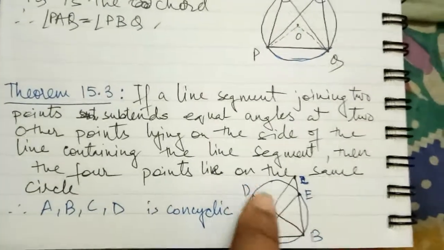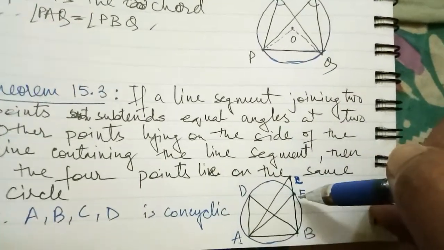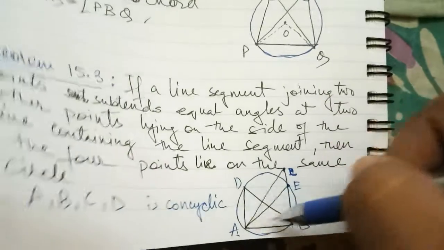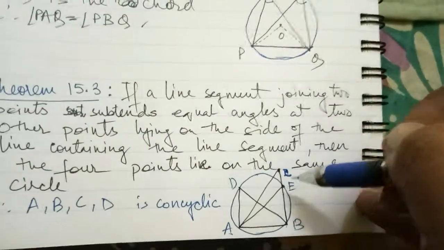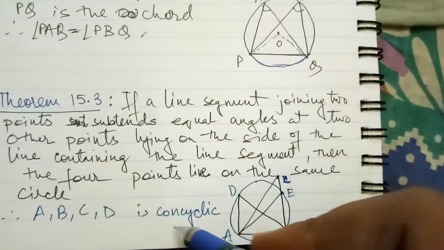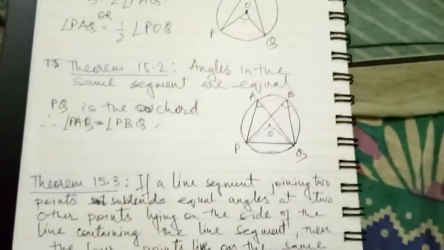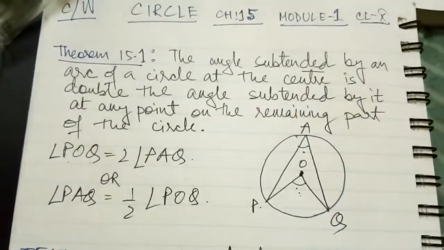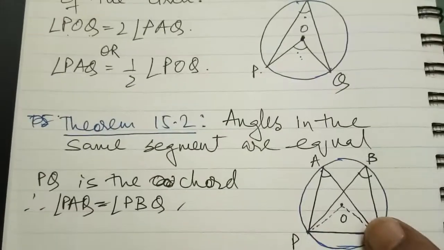Just see that A, B, D and E, all these 4 points are lying on the same circle. Then these 4 points are known as concyclic. This is not so important, but the main thing is you learn theorem 15.1 and 15.2.